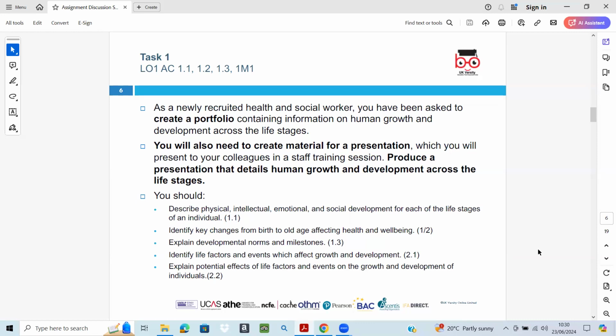So here we need to analyze the potential effects of life factors and events on individual physical, cognitive, emotional, and social development. We need to consider both positive and negative impacts and discuss strategies for mitigating adverse effects and fostering a positive growth outcome.